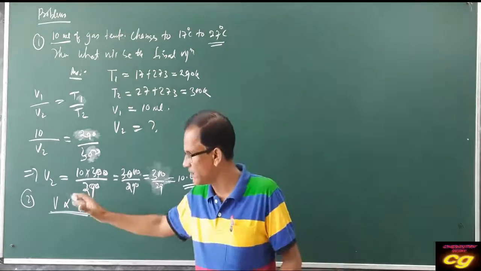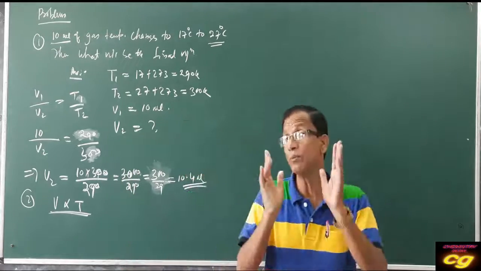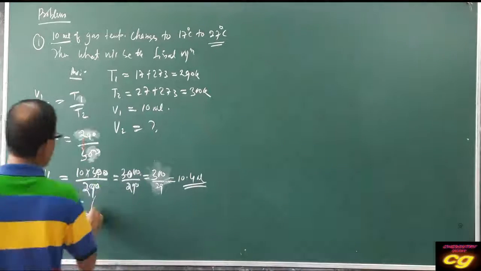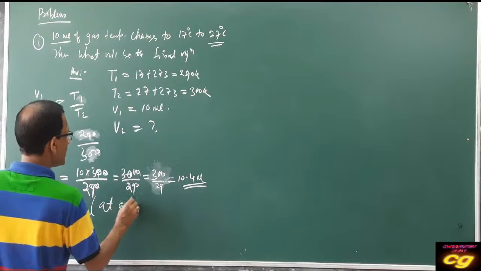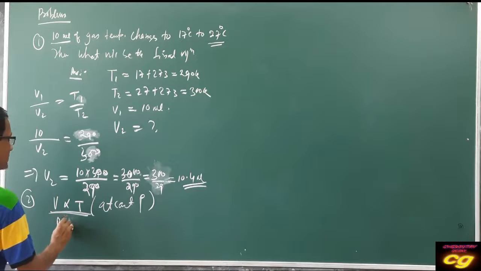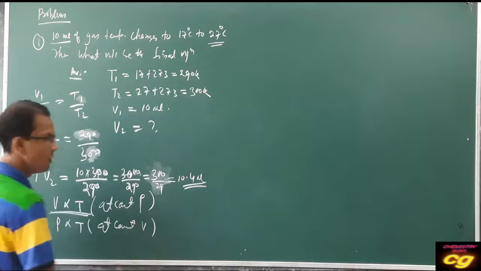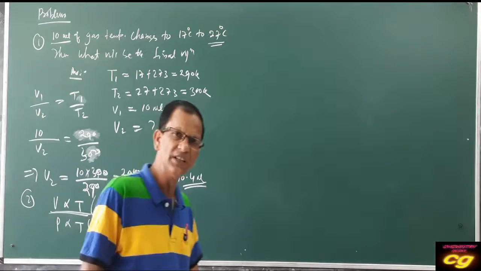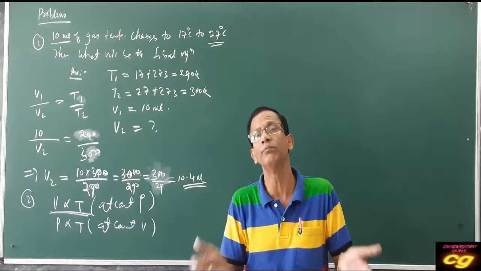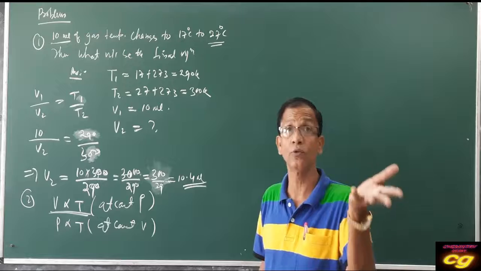But when the expansion is maximum and there is further increase in temperature, what happens? The volume remains constant while temperature increases. V is proportional to T at constant pressure, but P is proportional to T at constant volume. So when the temperature increases, volume increases, but when the tire or tube attains the maximum volume, then with further increase in temperature the volume will not increase, the pressure will be very high.